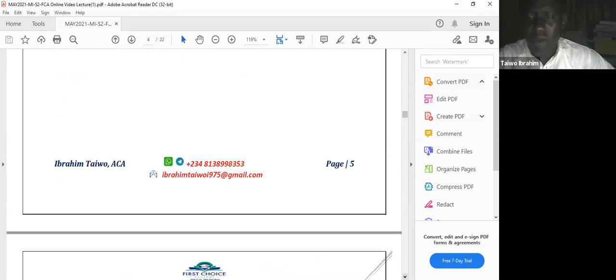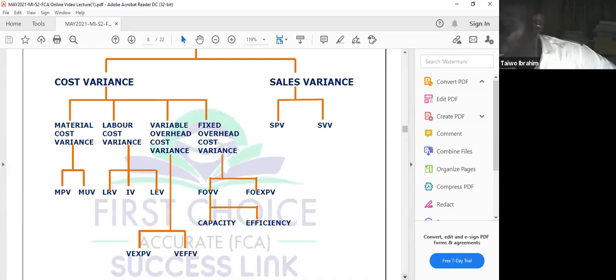How do we determine this variance? Variance, a kind of table that will help us to know those variances.